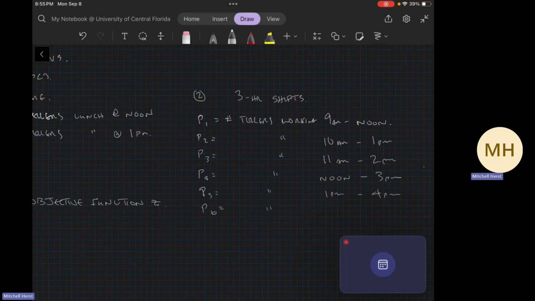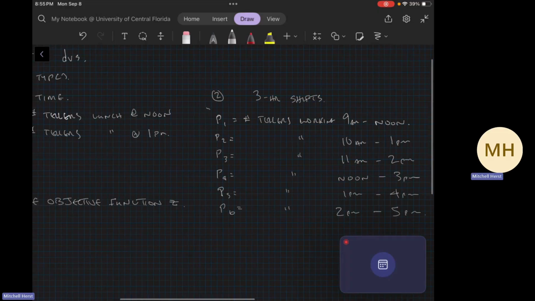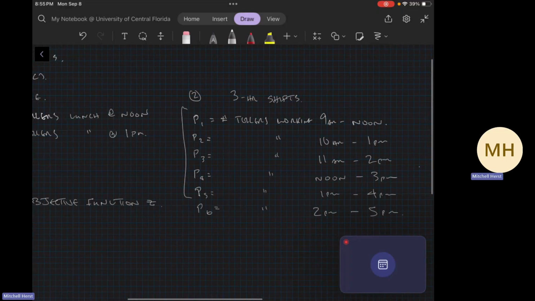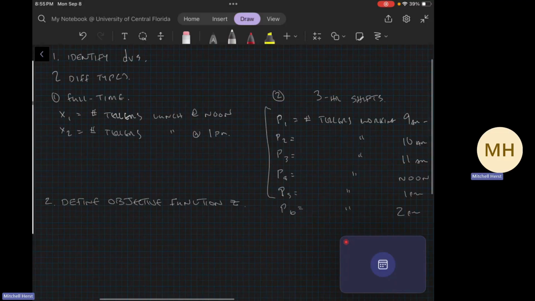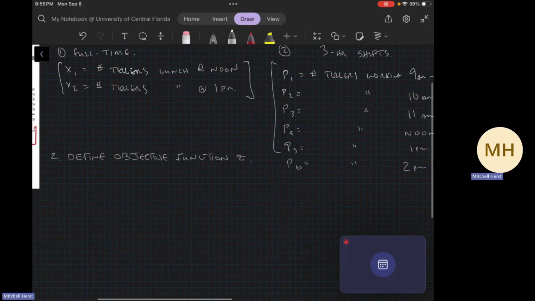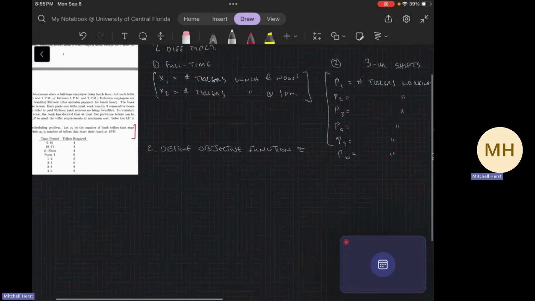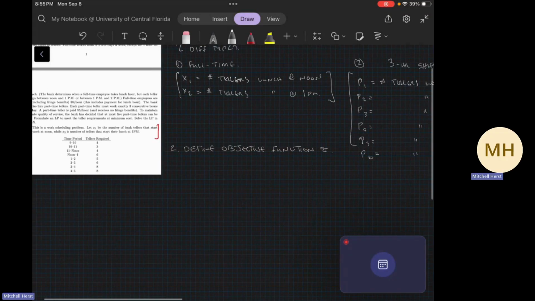And lastly, P6 will be 2 p.m. to close, which is 5 p.m. Okay, so here we have our two sets of decision variables, P1 through P6, and then X1 and X2. So our next step here is going to be to define the objective function in Z. So we know kind of right off the bat here that it's a minimization problem.